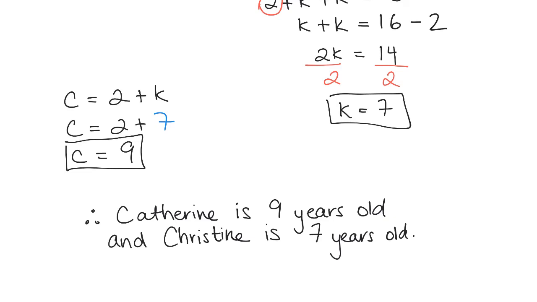To finish off, we will write out a concluding statement. And we can say, therefore, Catherine is 9 years old and Christine is 7 years old. And we know that our answer is correct because we know that if we take these 2 girls and take their ages and add them together, it should add up to 16. And 9 plus 7 is 16.